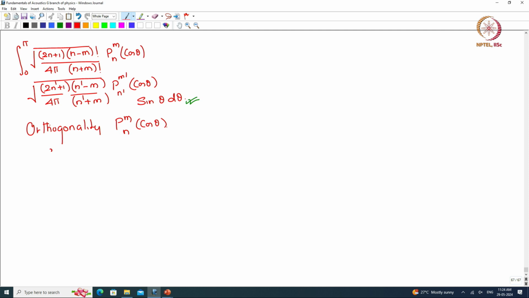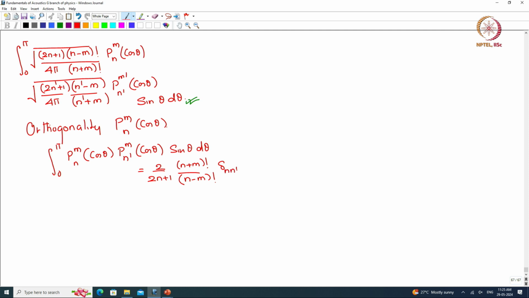We have the integral, P_n^m(cos theta) P_n'^m(cos theta) sin theta d theta, is equal to 2 over (2n+1) times (n+m)! by (n-m)! delta n n'.